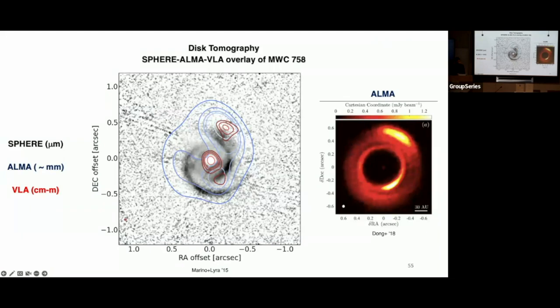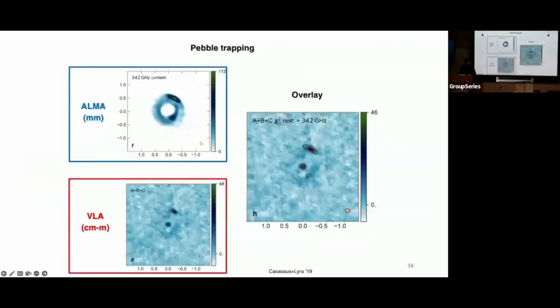So ALMA is tracing the millimeter grains, SPHERE in infrared the micron grains, so on the surface of the disk. And VLA then is tracing even bigger grains than that, right? Centimeter-size grains. You see that there is a spatial collocation between the VLA contours and the ALMA contours. This was what could be done in 2015. As you see, ALMA is adding more antennas. This is what could be done with ALMA and VLA in 2019.